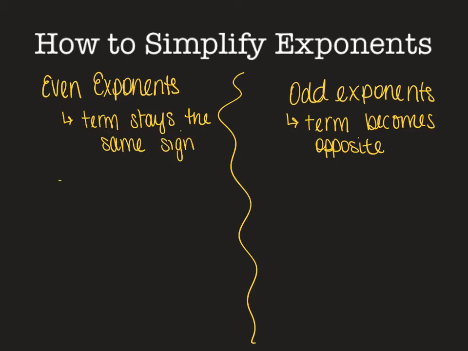So if we want to see an example of that, if we had the function y equals 2x to the 4th minus x squared, and we're trying to find f of negative x, we're going to plug in our negative x here. Now the biggest thing that you need to remember is that this negative x is on the inside of the exponents, so you want to make sure you're using parentheses and grouping appropriately.